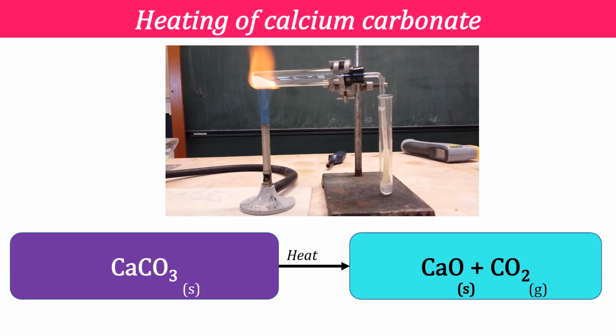So, calcium carbonate, which is a single reactant, decomposes using heat energy to give calcium oxide and carbon dioxide gas. Hence, it is a thermal decomposition reaction. It is also an endothermic reaction as the reaction absorbs heat energy to decompose and form the products.